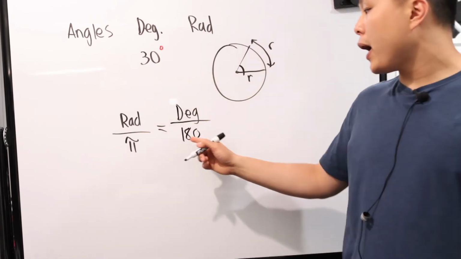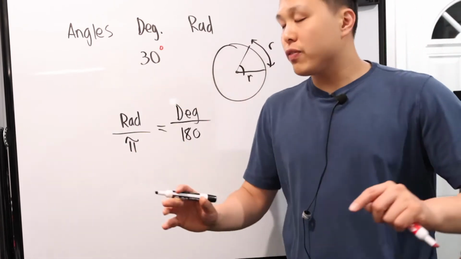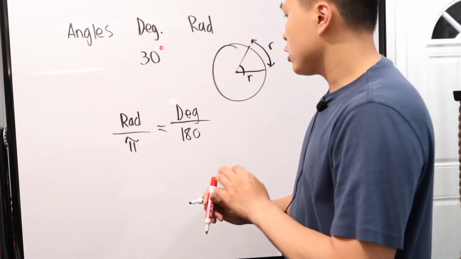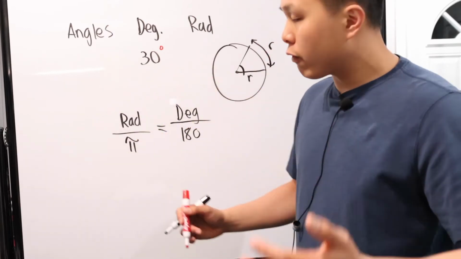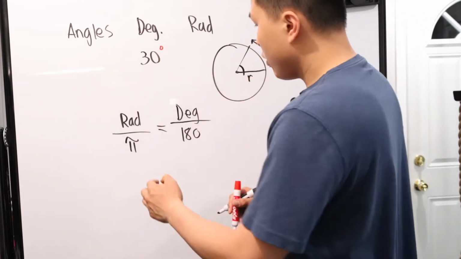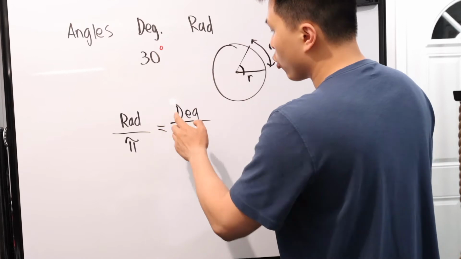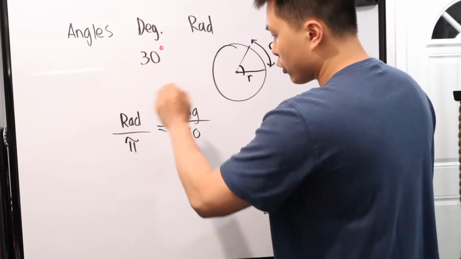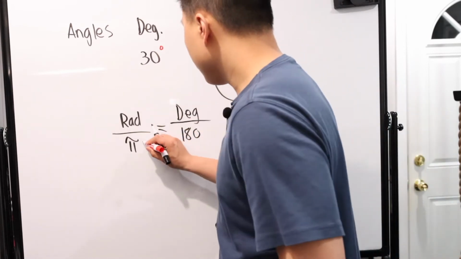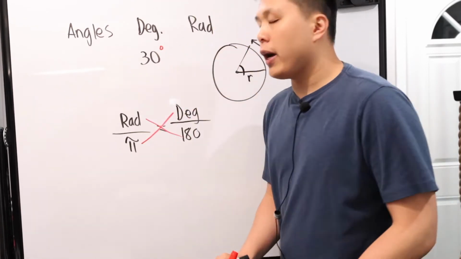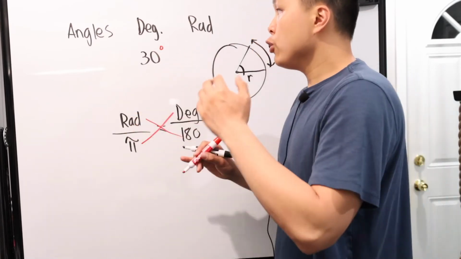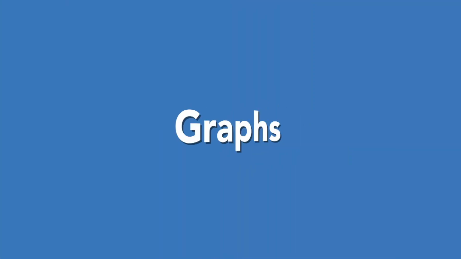If you want 2 pi equals 360, that is fine as well. And from then on, you just always have to cross multiply, because if they're asking you to convert between radian and degree, they're usually going to give you 3. You know these 2 and 1 more. They either give you the degree and you want to convert it to radian, or they give you the radian and you want to convert it to degrees. All you have to do is simply cross multiply, solve for it, and then you will have whatever degree or radian you need for angles.